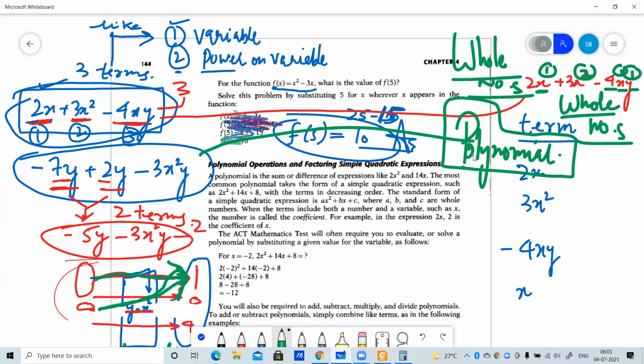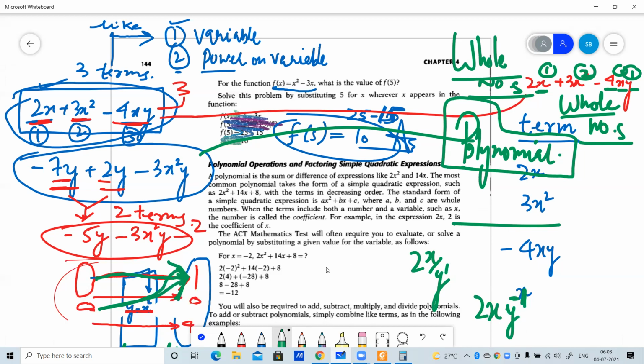This means that you will not be having the variables in the denominator. For example, you cannot have 2x by y, because when you are dividing by y, it's in the denominator, so it's not having the exponent as +1 actually, because when you take it in the numerator, it'll be actually 2x y to the -1.